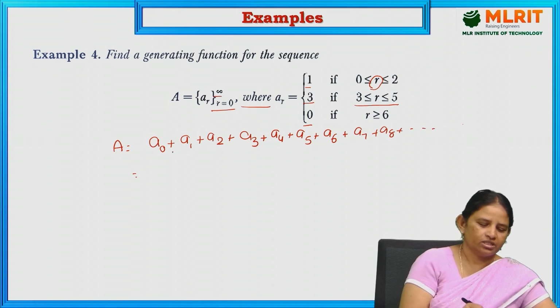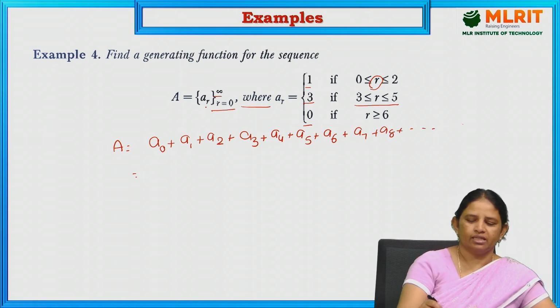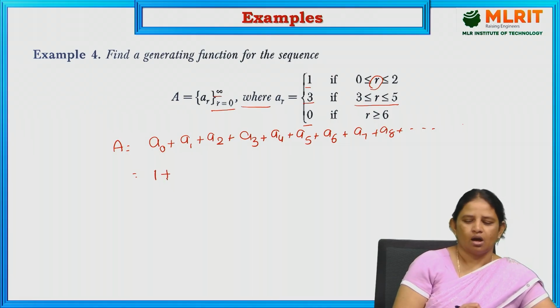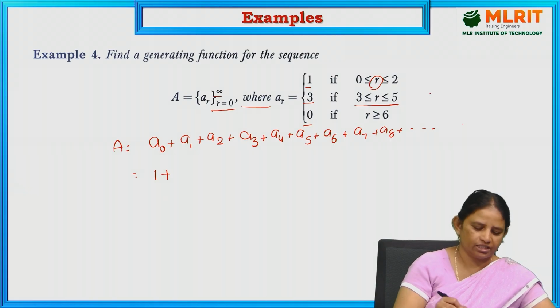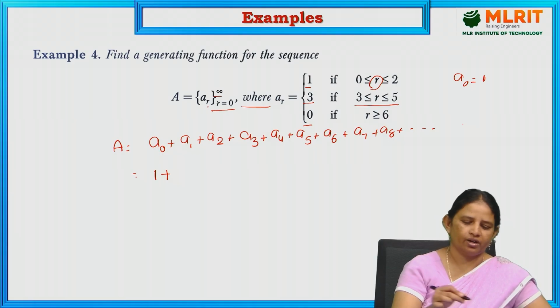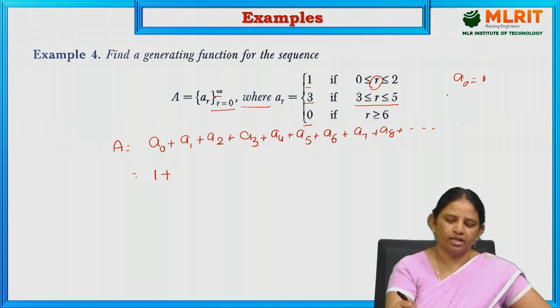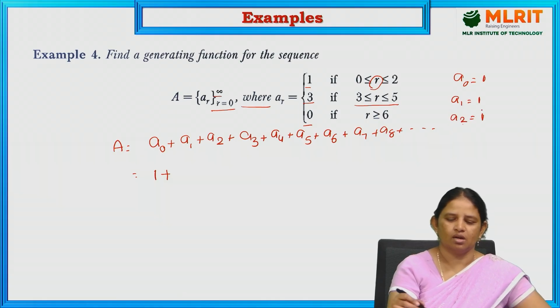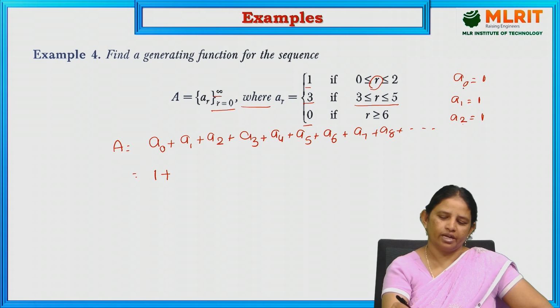A0: that means r value is 0, then the corresponding value is 1. Then what is the generating function? A0 is 1. Then r value is 1, A1 is also 1. A2 is also 1. So A0, A1, A2.